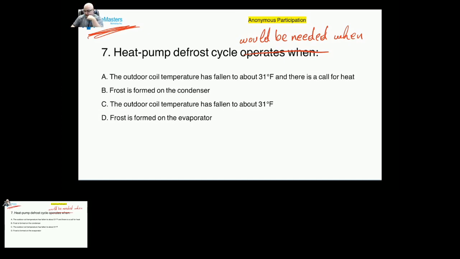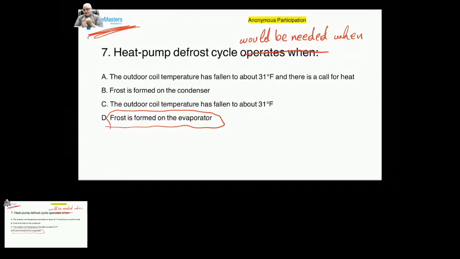Most of you actually chose frost form on the evaporator. Now, I commend you. You can tell that the outdoor coil is the evaporator. You should be given a mark for answering D, but unfortunately, that's not correct because we cannot detect frost, we can detect temperature.